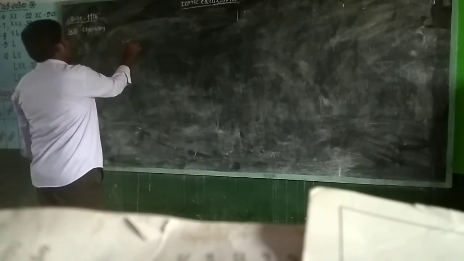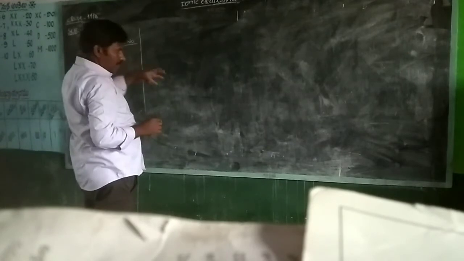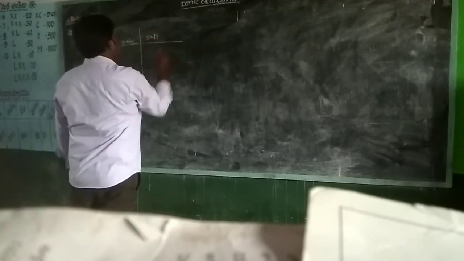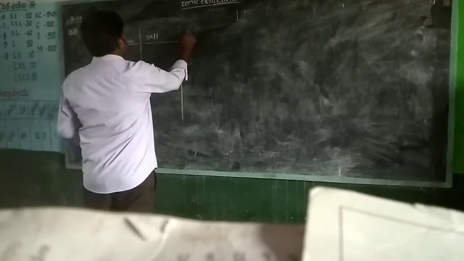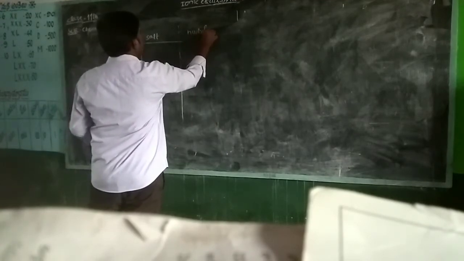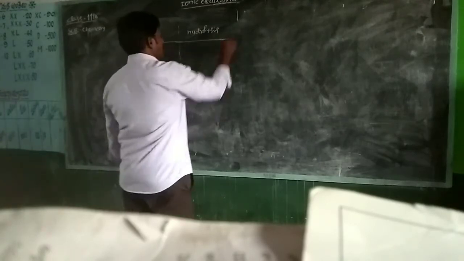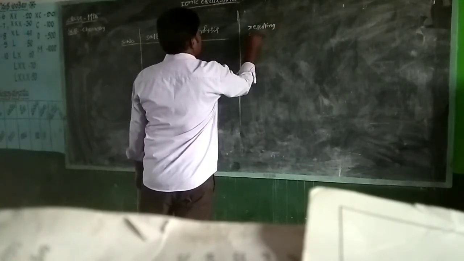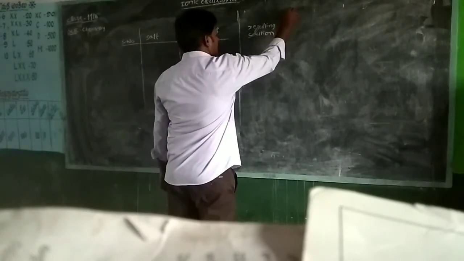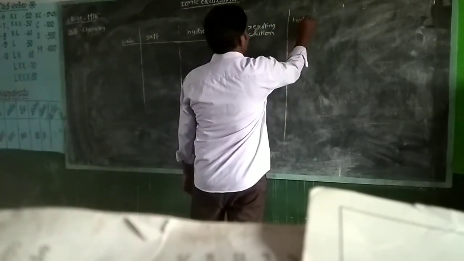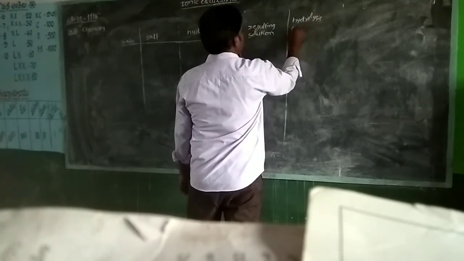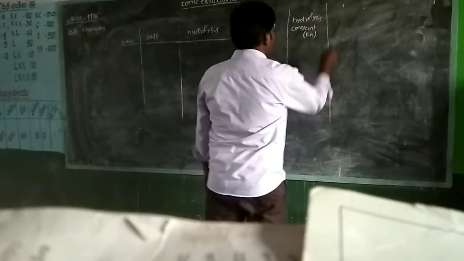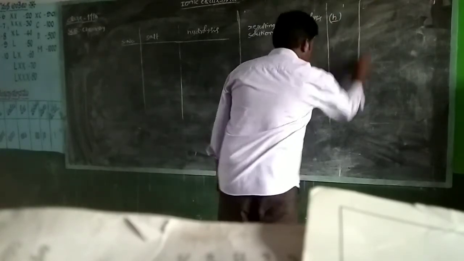Lastly, briefly I will discuss the four different salts: serial number, salt, hydrolysis, resulting solution, hydrolysis constant Kh, degree of hydrolysis h, and pH.